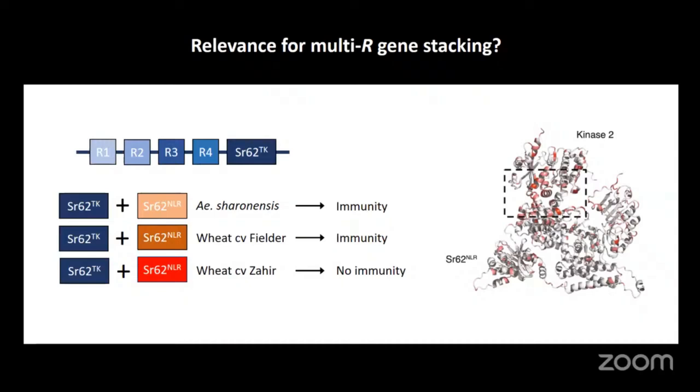So it's very important to have the two right combinations of this digenic module together. And so what we've learned from this exercise is that if we're going to build a stack, it's probably a good idea to include the kinase and the NLR together in the stack.